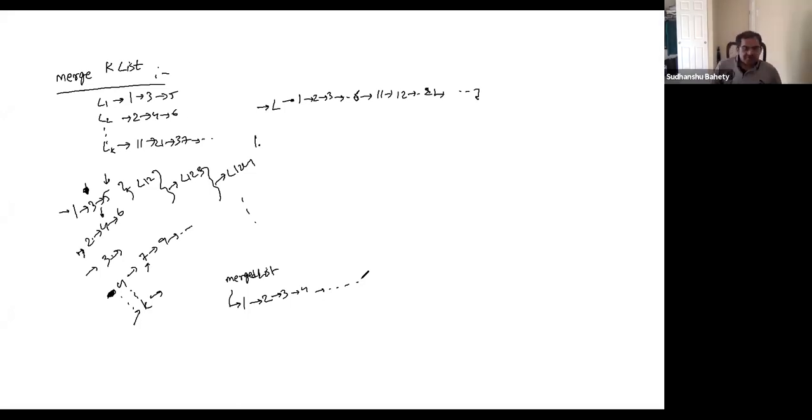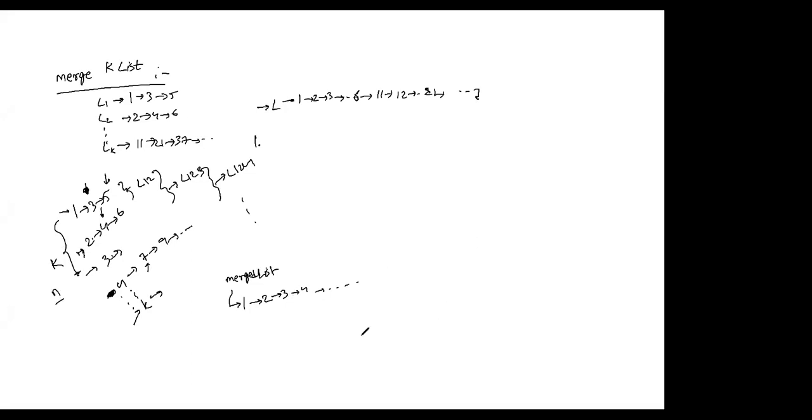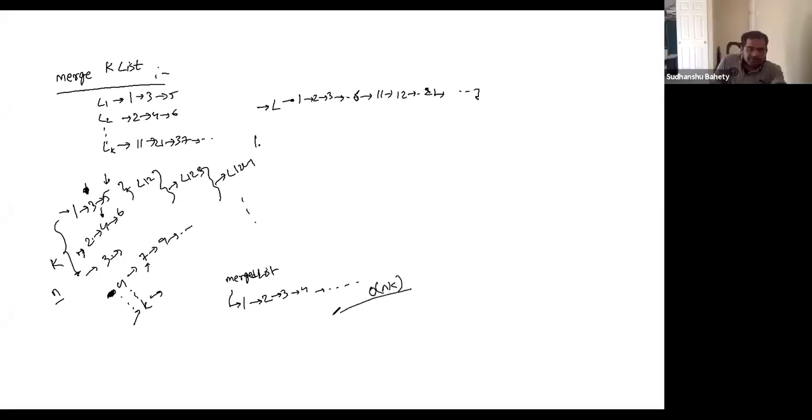So that's a way. Can someone tell me what will be the complexity for this? Let's say you have K lists and the average length of each list is n. So what will be the complexity? K times n. Yes, okay. Order nk is the complexity for this algorithm.